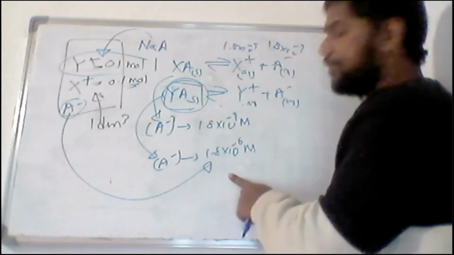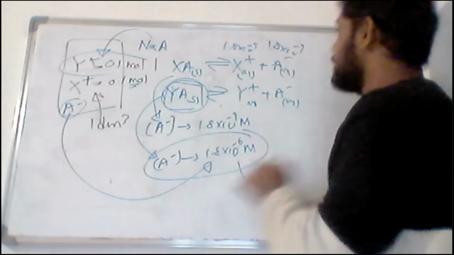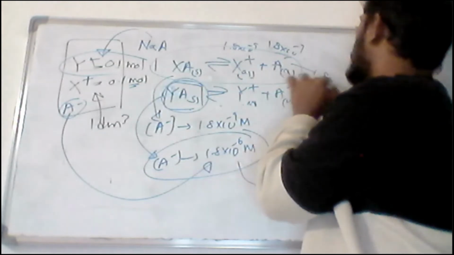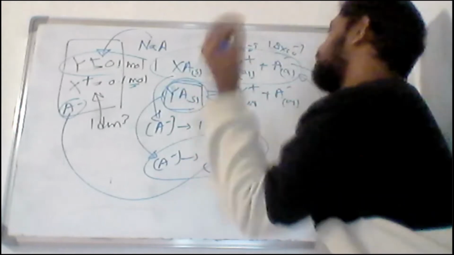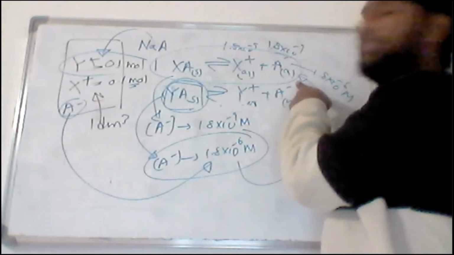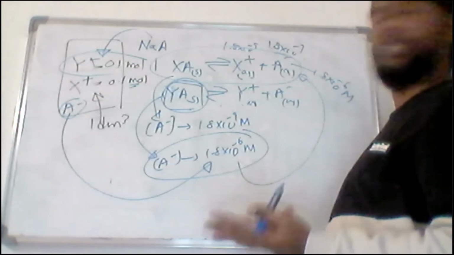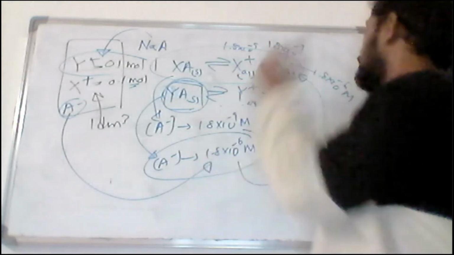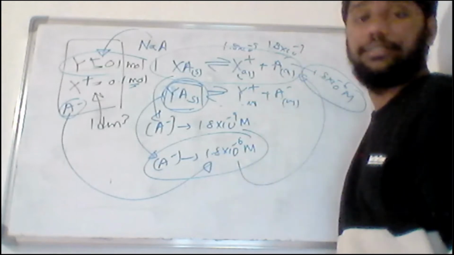But when the second precipitation happens, the A minus concentration for the first precipitation also should be 1.8 into 10 to the power minus 6 molar, because this is the same solution. You cannot have one concentration for this A minus and another for that A minus, because the solution itself contains all the A minus, and when the second precipitation starts, this A minus concentration should be 1.8 into 10 to the power minus 6.